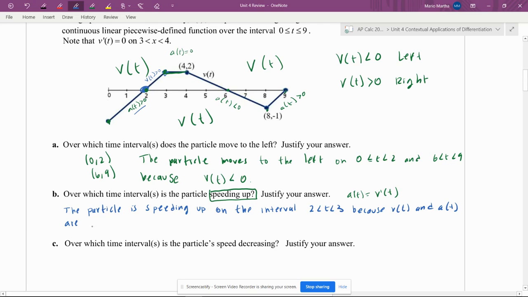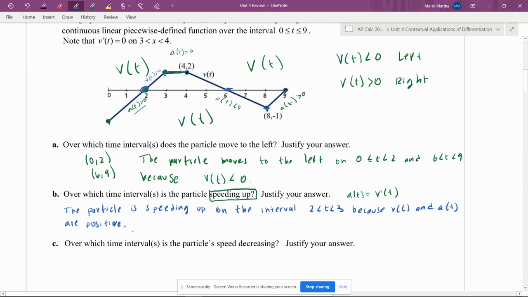And then the second part, so now let's keep looking to see where the other one would be. So here, both are negative, right? V of t starts being negative between 6 and positive 8. So that means that the particle should be speeding up also between 6 and positive 8.